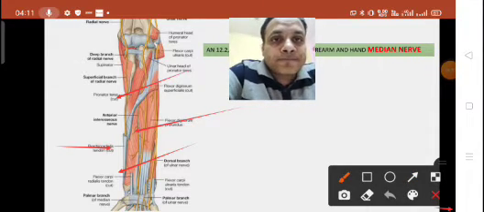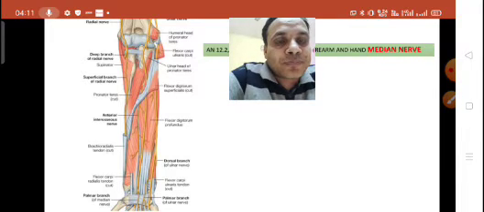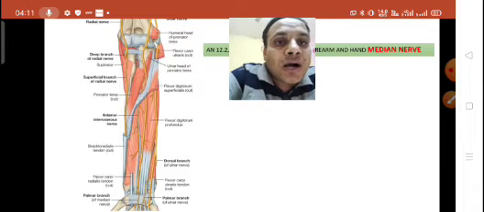The anterior interosseous nerve supplies all the deep muscles except the medial half of flexor digitorum profundus muscle.